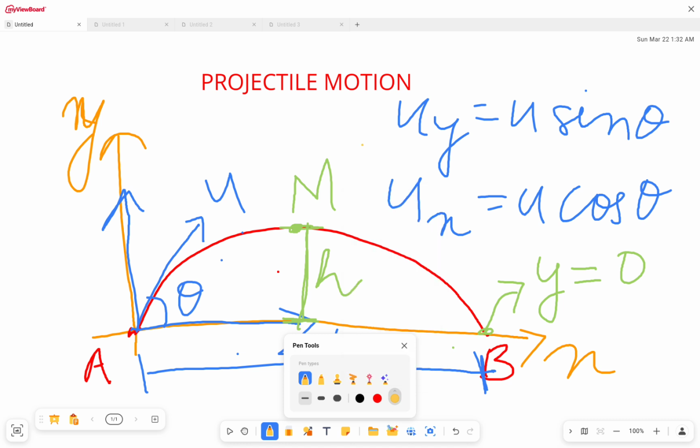As we know, after reaching the maximum height, the stone will start taking a downward motion, meaning its velocity along the y component will be 0. Then only the stone will start falling in the downward direction. That's why at this point its velocity along the vertical component will be 0.